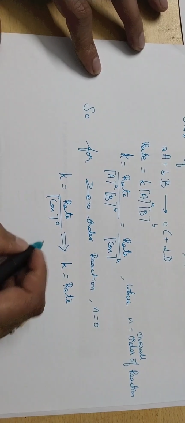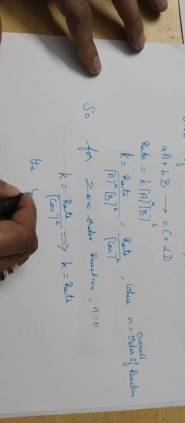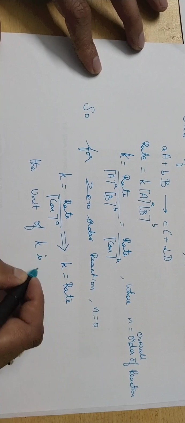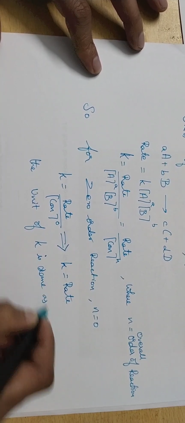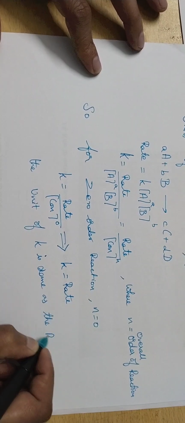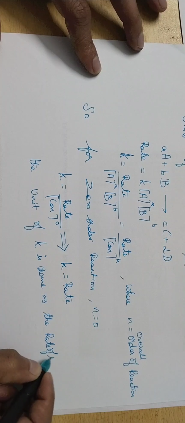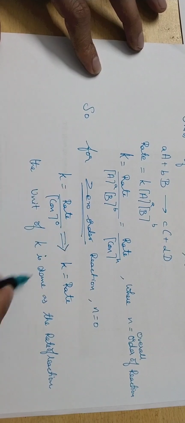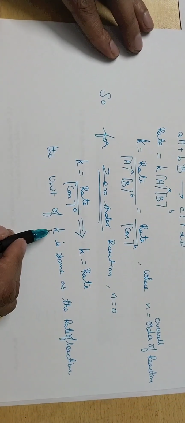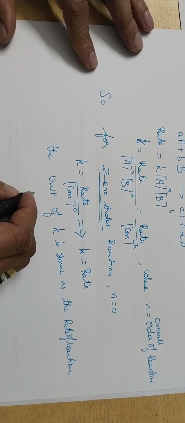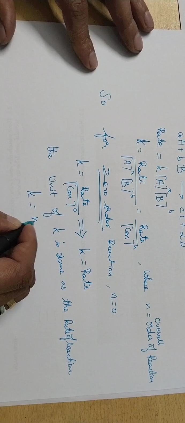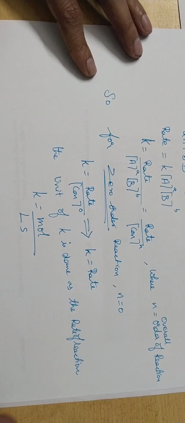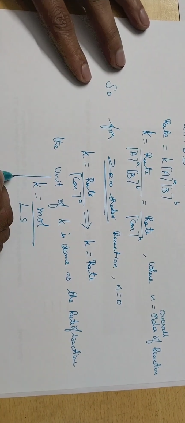So basically, the unit of rate constant k is the same as the rate of the reaction. And this is for a zero order reaction. So what is the unit of rate? It is mole per liter second. So for zero order reaction, this is the unit.